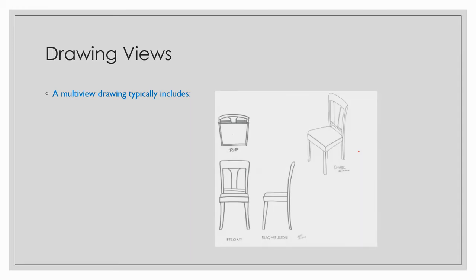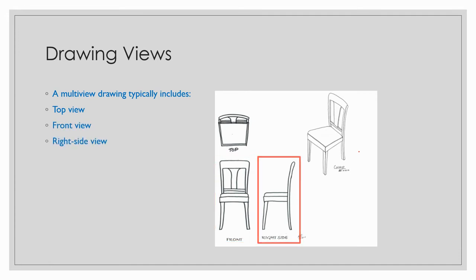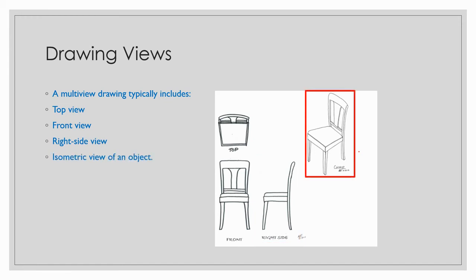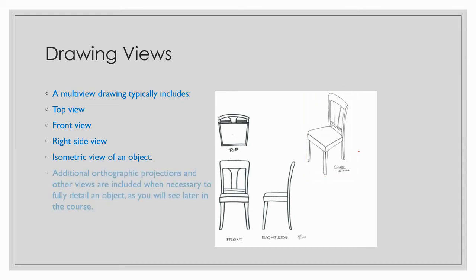So for the drawing views, a multi-view drawing typically includes a top view, a front view, and also a right side view. In addition to these three views, we also have an isometric view of the object, or a three-dimensional object. Sometimes, though, you will need additional orthographic projections, and other views are included when necessary to fully detail an object, as you will see later in the course.